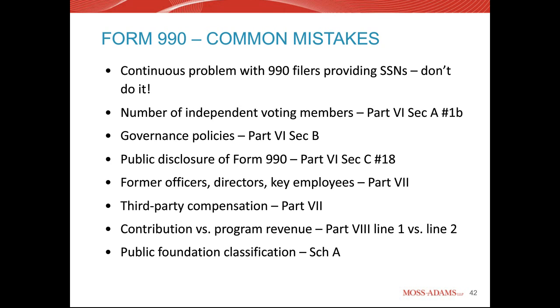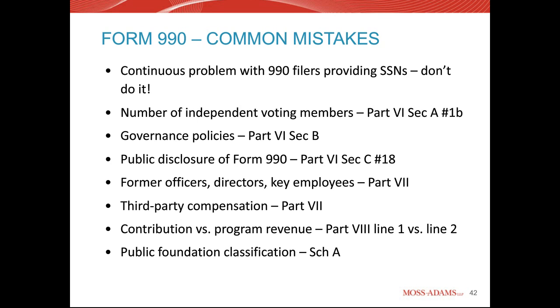The next two are compensation issues. Part 7 is a really complex part of the form, and it's got lots of complexities. These two items in particular we see not handled so consistently.